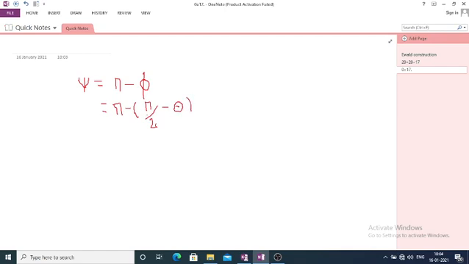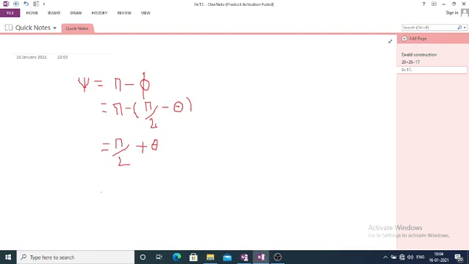So pi minus pi by 2 plus theta is equal to pi by 2 plus theta. So we got psi equal to pi by 2 plus theta.